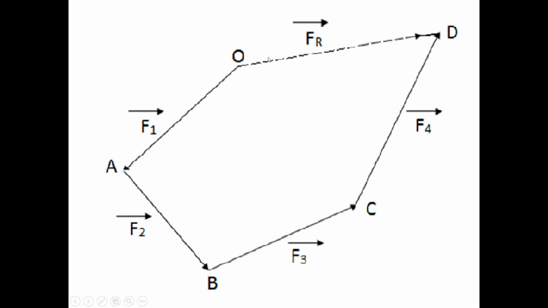So the closing side of the polygon in the opposite order, because this direction is opposite to all four remaining directions, is the resultant force FR bar, the resultant force of F1 bar, F2 bar, F3 bar and F4 bar.